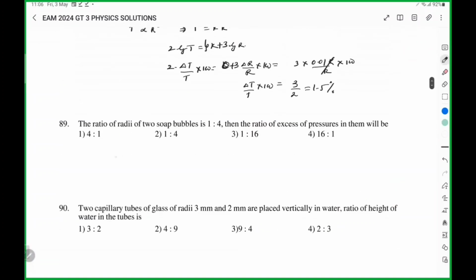Here, the ratio of radii of two soap bubbles is given, R1 is to R2 is 1 is to 2. For a soap bubble, the excess pressure inside is 4T by R. So the ratio is 4T by R1 is to 4T by R2, which is R2 is to R1.